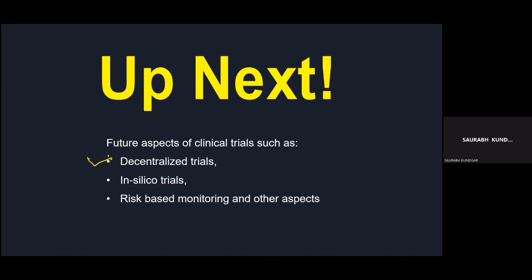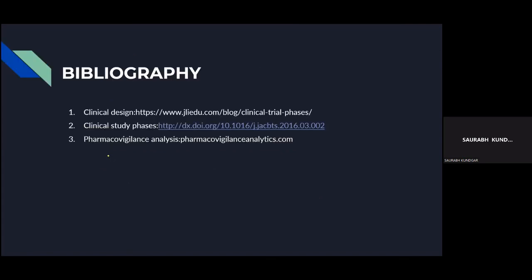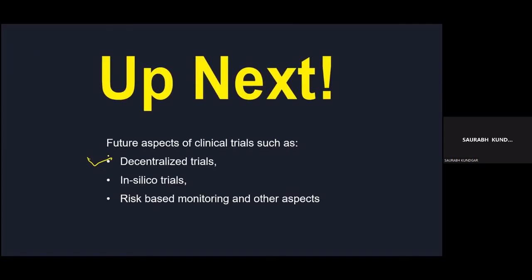We are going to see what its aspects are and how this can shape the future of clinical trials. Also, since the advent of AI and machine learning, we have seen the in silico clinical trial. So how can machine learning or AI assist in silico trials, how can these compute a large amount of data, and how can that directly reduce the cost of medication? That could be another exciting option for the future.